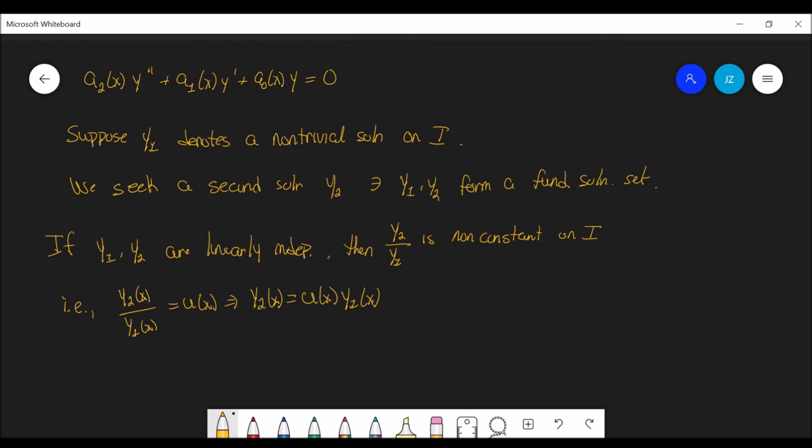We can then determine the function u by substituting this y2 into the differential equation and then solving for u.